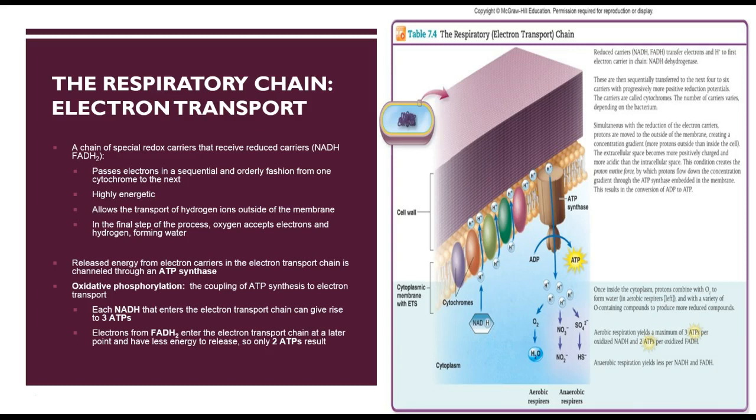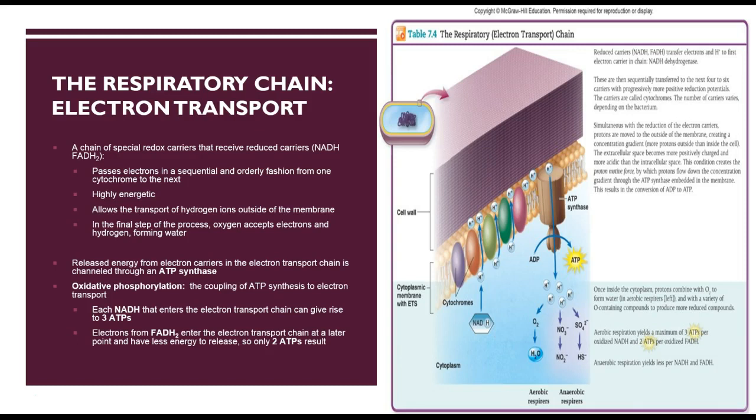Energy is going to be released from those electron carriers, and it's going to be channeled through our final membrane protein, ATP synthase. ATP synthase is then going to take that energy and form ATP from ADP.